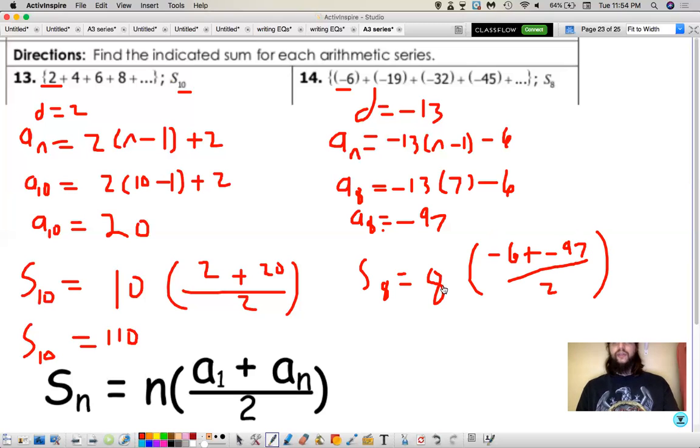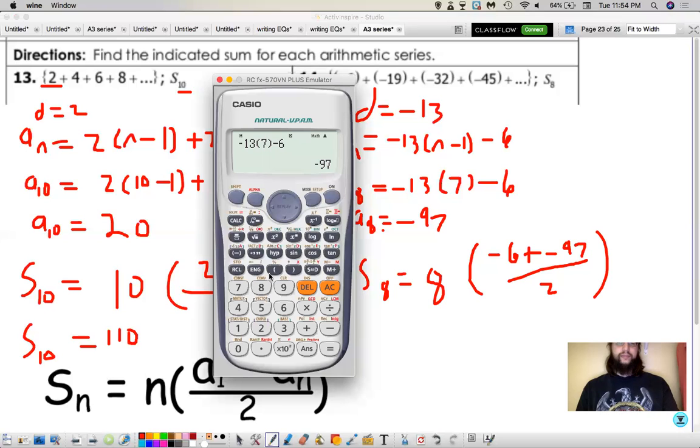And that'll give us some number. And yeah, parentheses would be great if you plug in a number, but I got lazy. So -412. Why not?